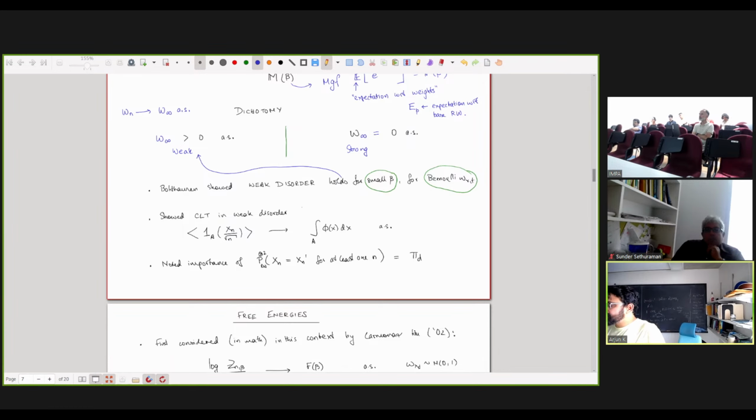He said, fix some set A in R^d for d bigger than or equal to 3, and then for small enough beta, you look at the Gibbs average of the indicator of A of the endpoint, that converges to a Gaussian integrated over that set A. So this is just e to the minus x squared over 2, divided by 2 pi to the d over 2.